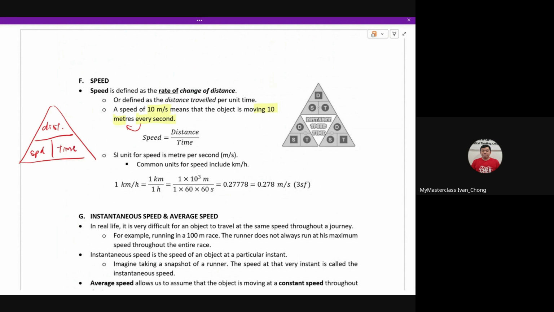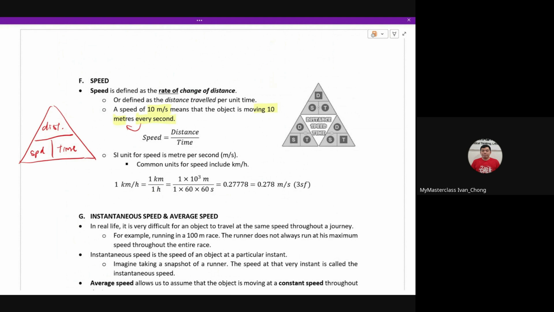So for those who don't know how to use the pyramid, if you want to find speed, for example, we will just take this part. And you see distance is on top, right? So it's distance divided by time. On the other hand, if I want to find distance, you just take speed, and because these two are on the same level, we just take speed times time. Same thing for time. If you want to find time, you take distance divided by speed. It's exactly the same thing.